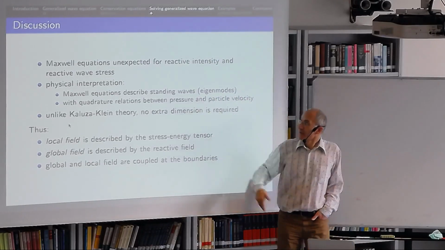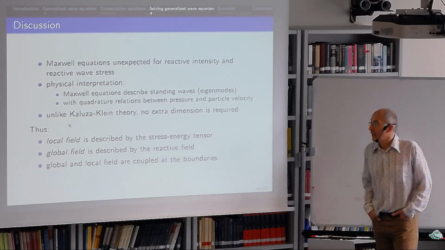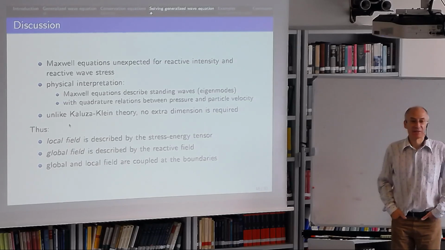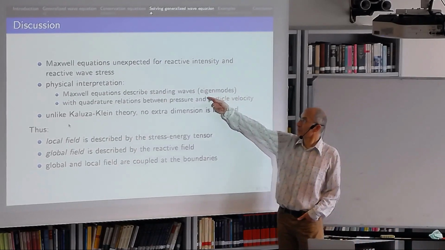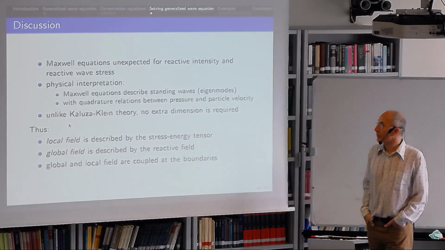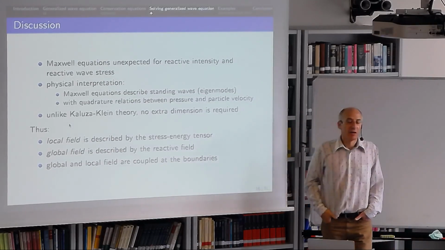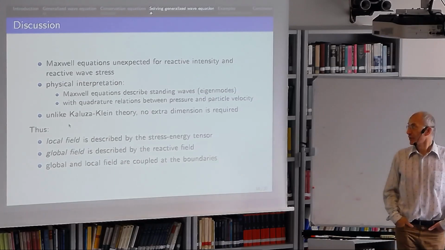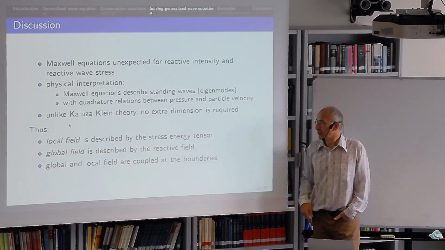As we know that the imaginary part or the reactive intensity is linked to the stationary field, I considered that the Maxwell equation will be describing the standing waves and the eigenmodes. As a matter of fact, we do have then a quadrature relation between pressure and particle velocity, as is known from eigenmodes.